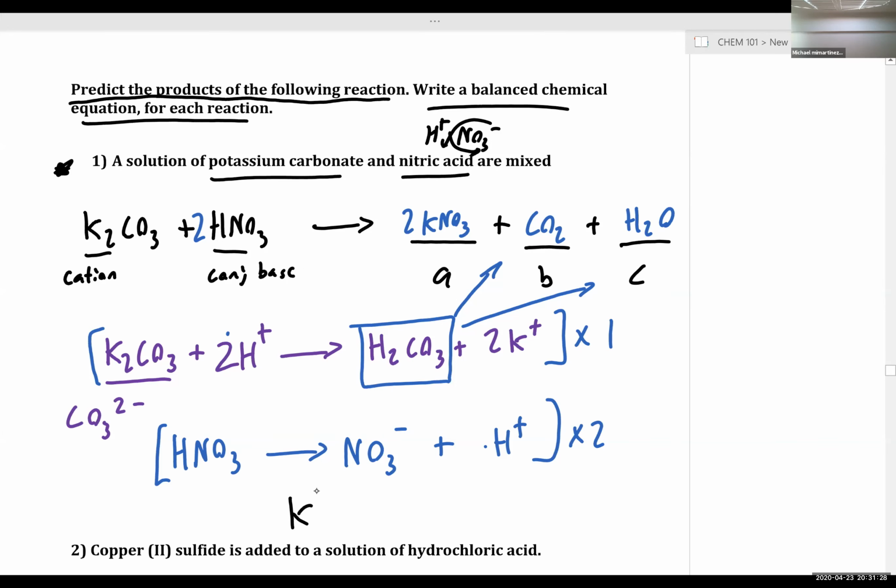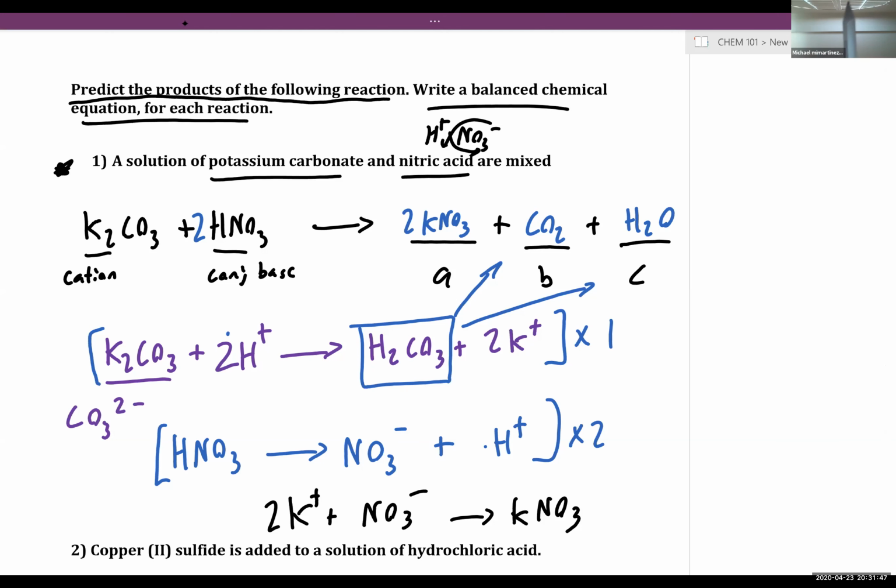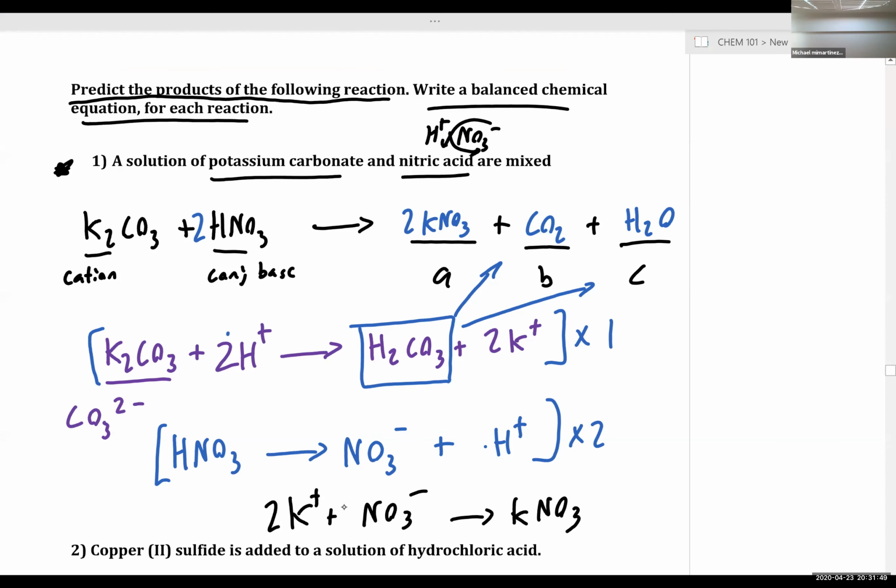And all I do is take my cation and cross it with my conjugate base. And if I have 2 potassium plus, in order for me to make a complete balanced amount of salt molecules, I just need to adjust the coefficient of all species that have my conjugate base.